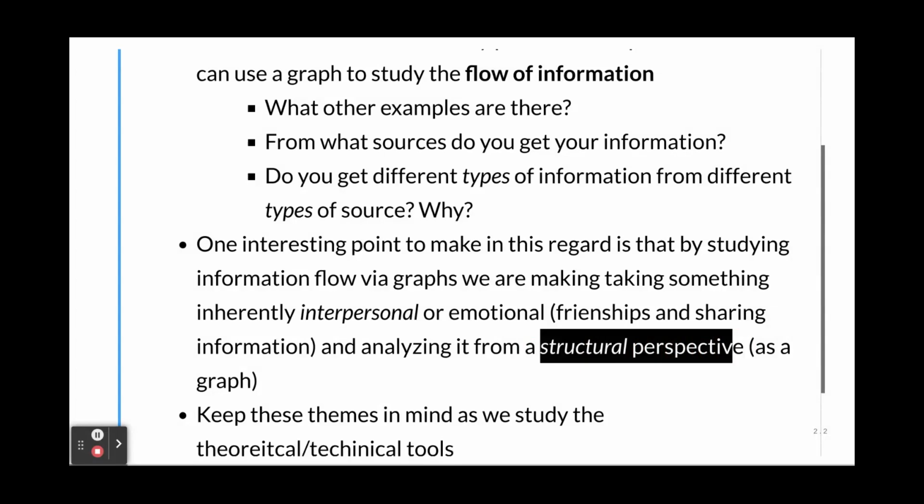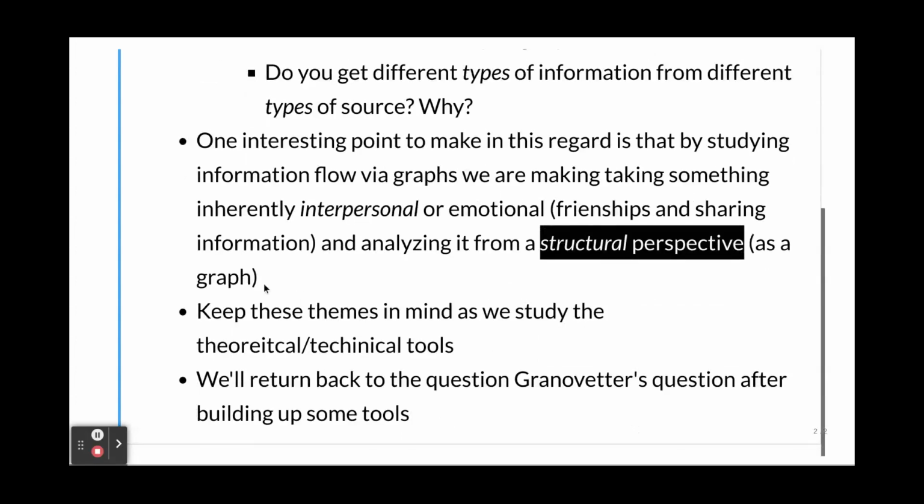By representing social interactions and relationships using nodes and edges that make up a graph or network, we apply this structural perspective to the way people communicate with one another.